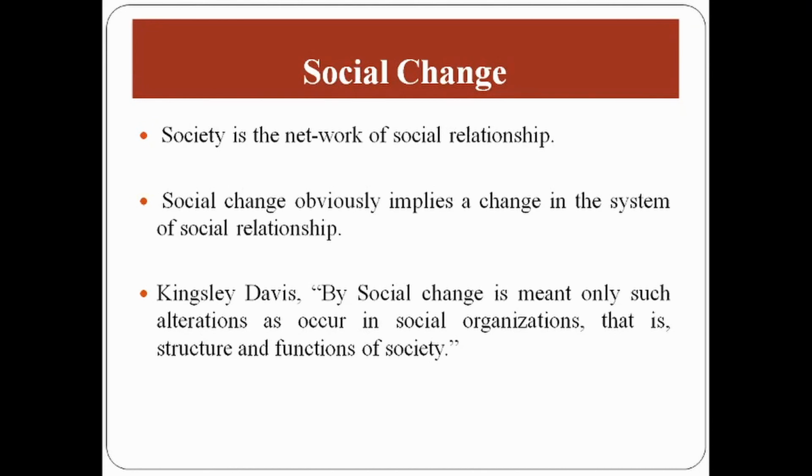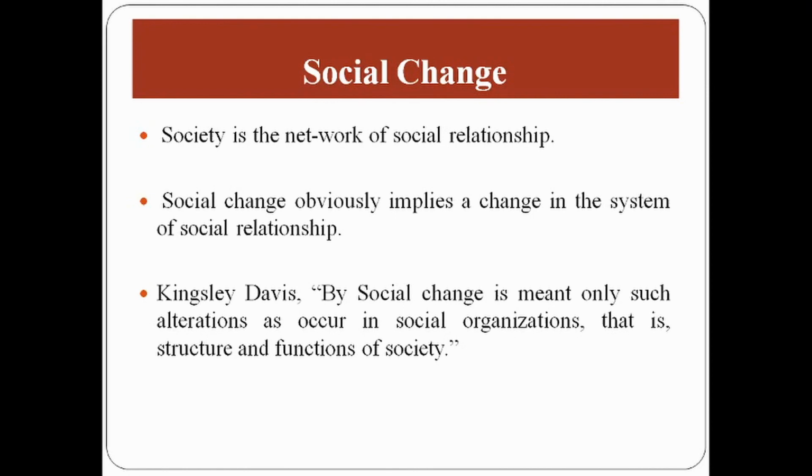Next, we are going to discuss one of the important definitions of social change, which was given by Kingsley Davis. "By social change is meant only such alterations as occur in social organization, that is, structure and function of the society."